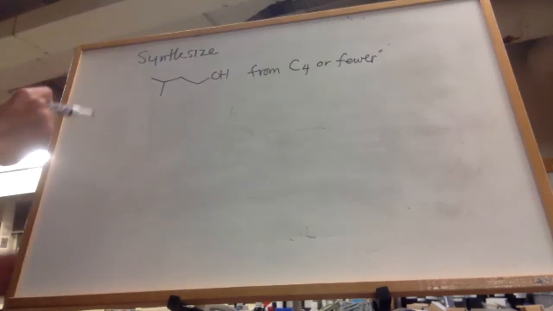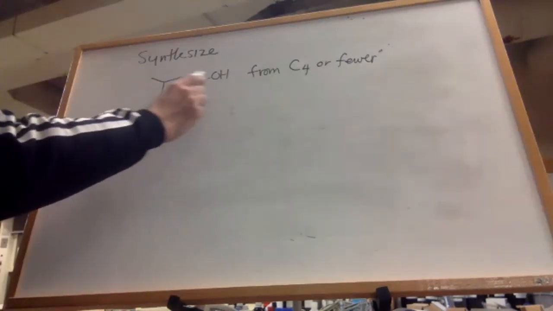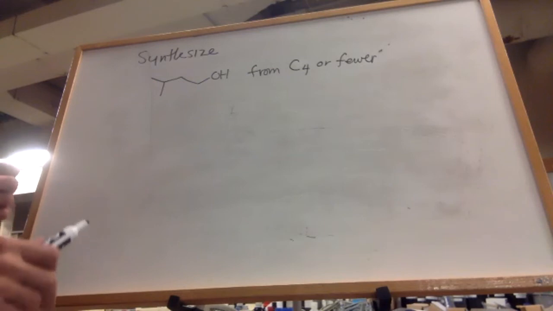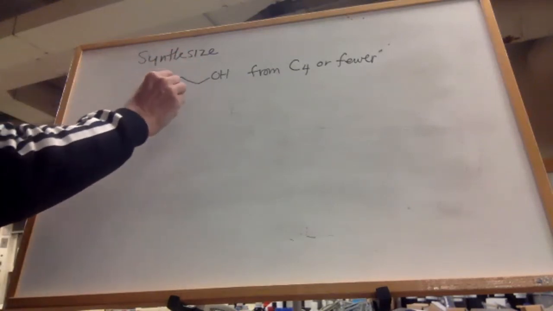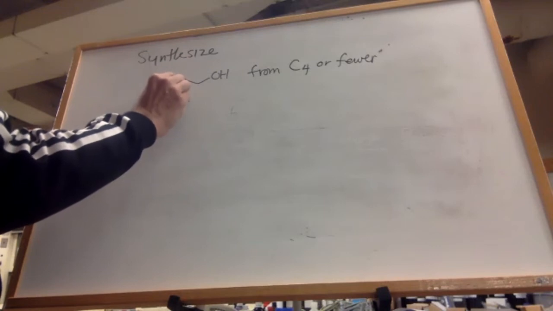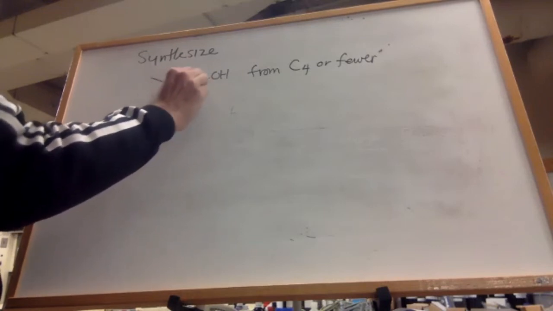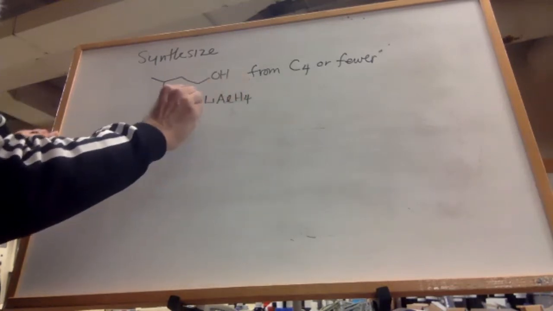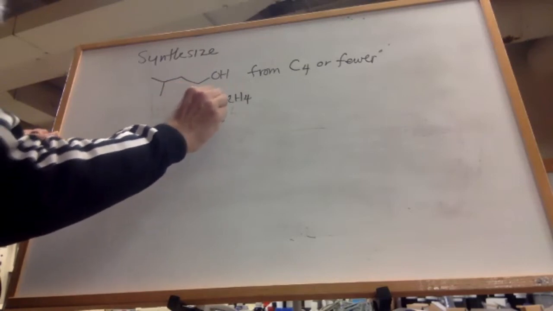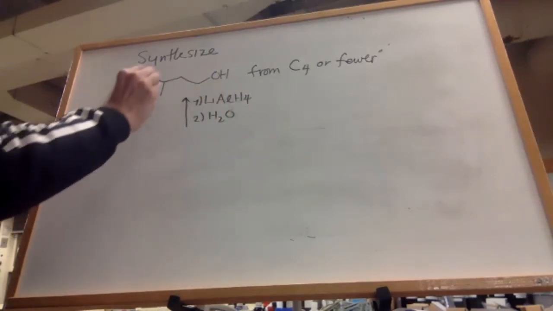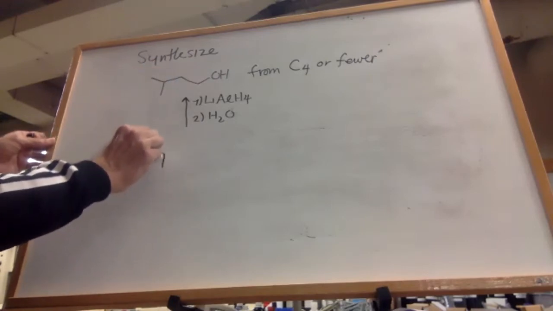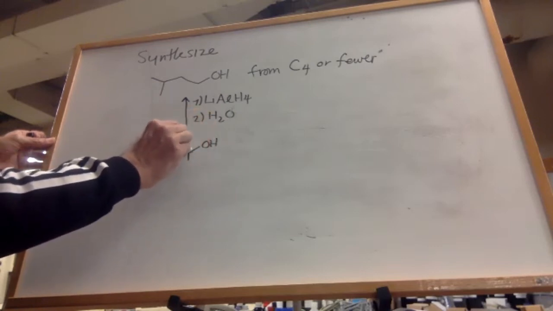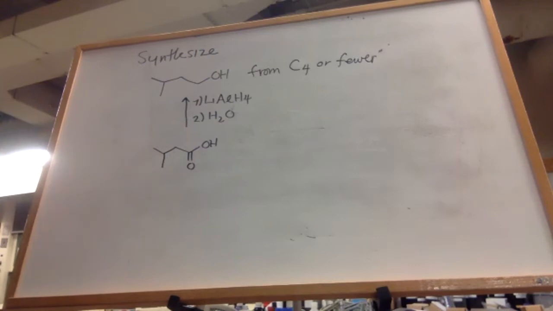So although we would have bazillions of ways of making this, what I want to show is how we can use our carboxylic acid chemistry to synthesize this molecule. All right, so it's an alcohol, and we know that we can reduce a carboxylic acid to an alcohol using lithium aluminum hydride. So this alcohol could be synthesized by reducing this carboxylic acid to an alcohol.